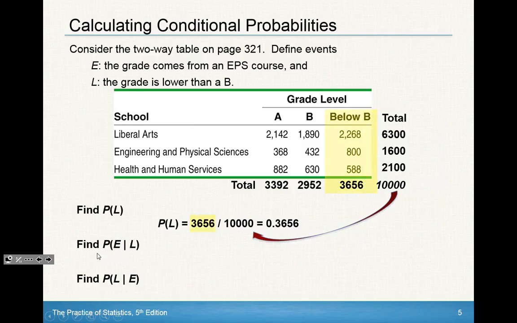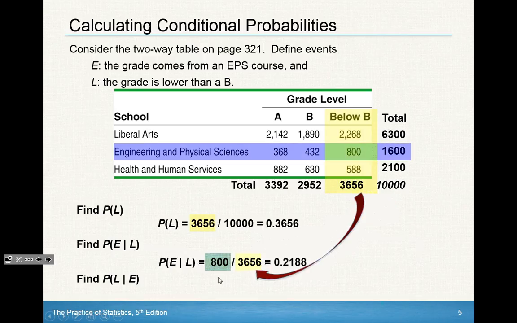That's pretty simple, but then we get a little bit more complicated. We want to know the probability of event E given that event L has already occurred. So we are guaranteed that we got lower than a B. What's the probability that the grade is from an EPS class when it's given that your grade was lower than a B? There are a couple of different ways you can do this.